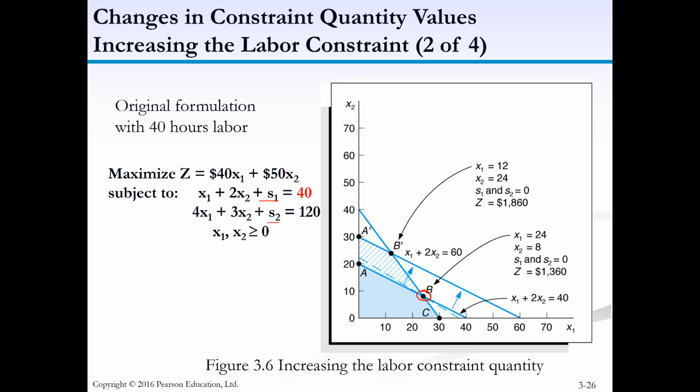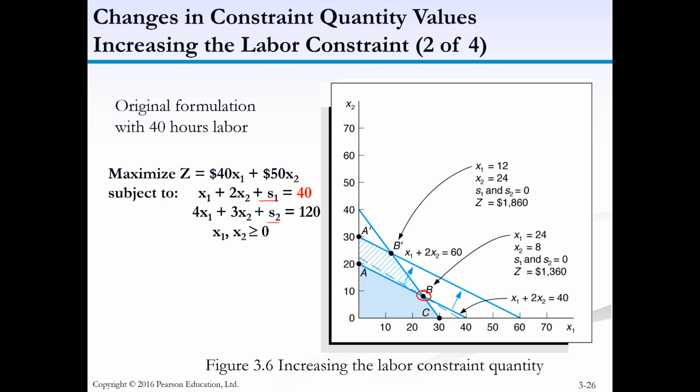Now, by changing the right hand side, we are moving the constraint either away from the origin or towards the origin. By decreasing it, we move towards the origin, and by increasing, we move away from the origin.